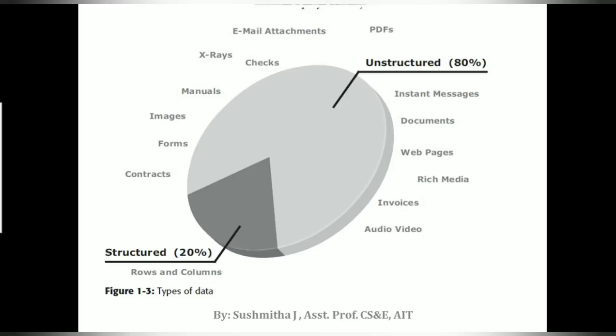And the other thing we have to have clarity about: data and information are two different things. Data is something that is raw. Information is something that you can derive out of that data.